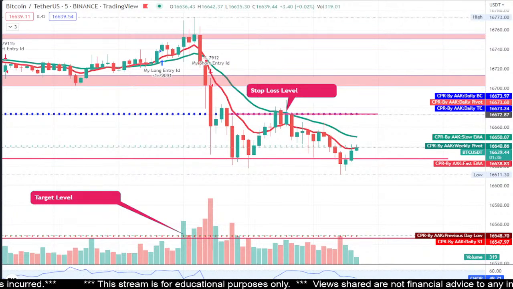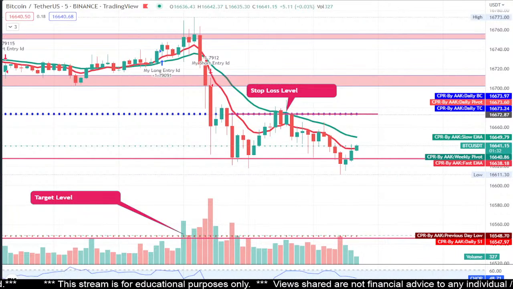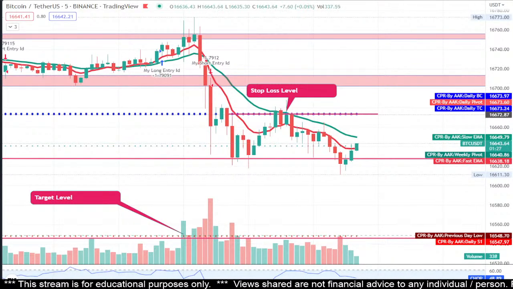Okay, so we are again retesting the 8 EMA, or maybe we might even retest up to the 20 EMA.